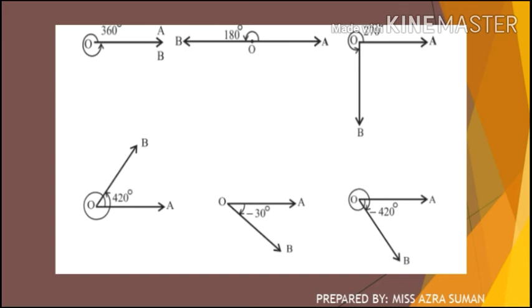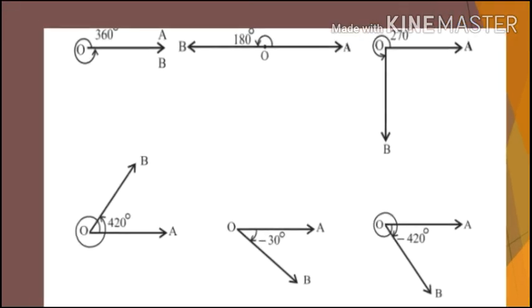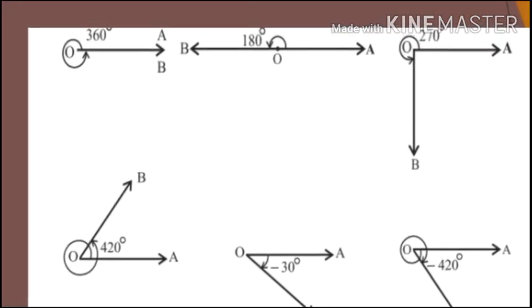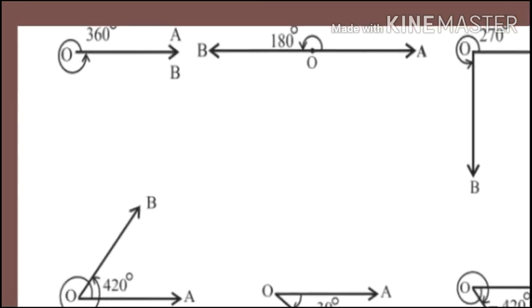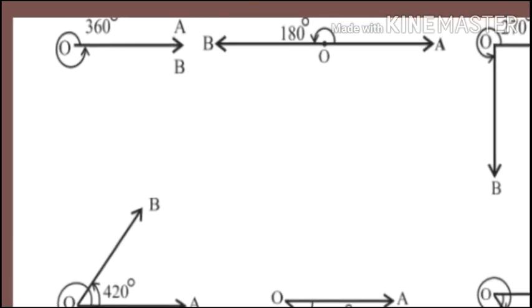The first ray makes an angle of 360 degrees because the initial side and terminal side are in the same position. So it makes a complete revolution, and the angle is 360 degrees.